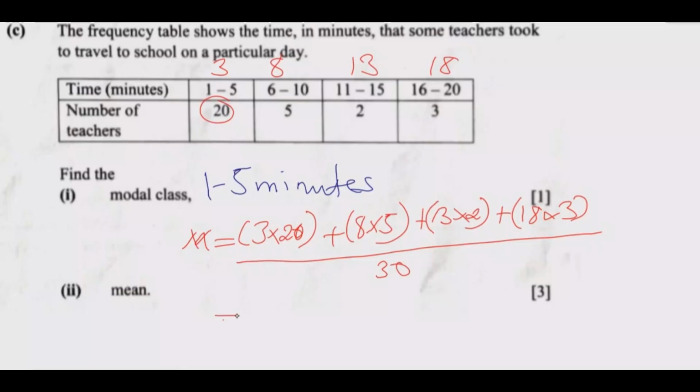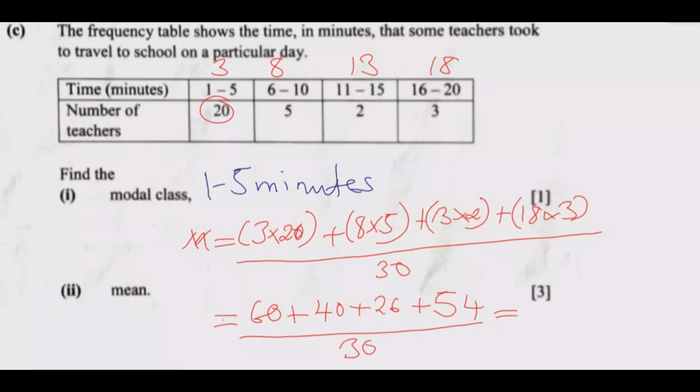So we say equal to 3 times 20 will give us 60, plus 8 times 5 will give us 40, plus 13 times 2 will give us 26, plus 18 times 3. 18 times 3 will give us 54. If I'm not mistaken, that is 54, yes. The whole of that divided by 30.